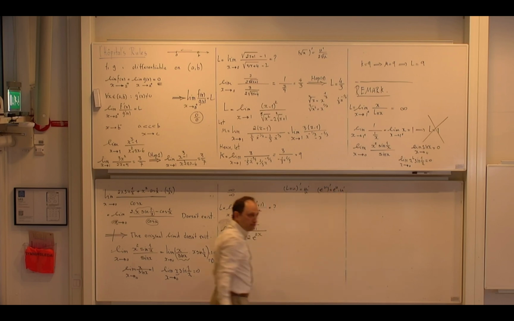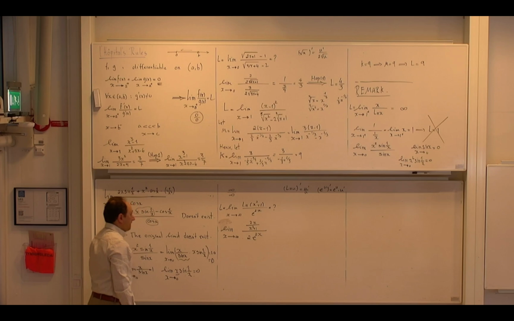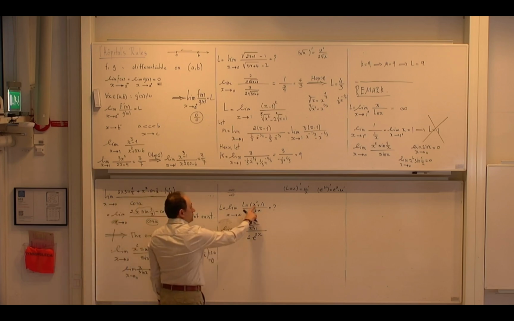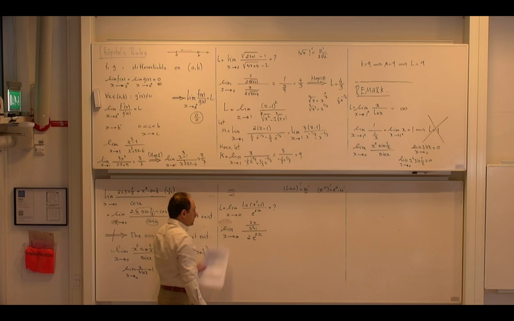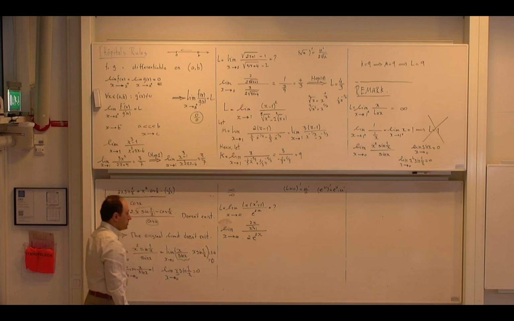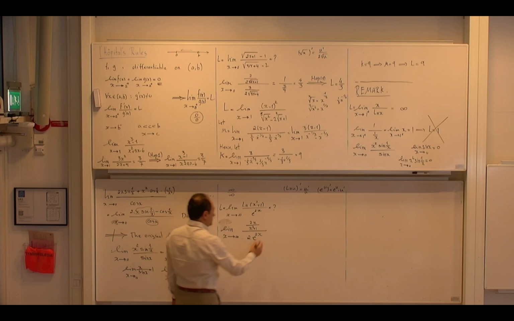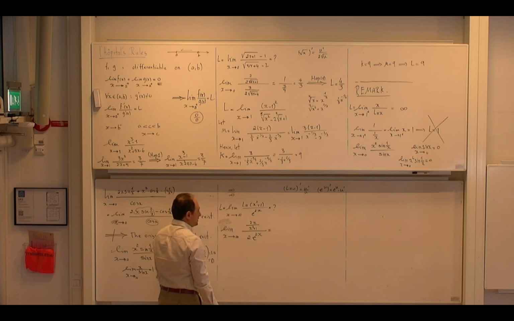So here I give the role of u to this, u prime over u for the numerator. u prime is 2 times e to power. X goes to infinity. So what do you think? Is this infinity over infinity, or what type of limit is this? If you want, you can do it one more time, but hopefully you already know another rule.